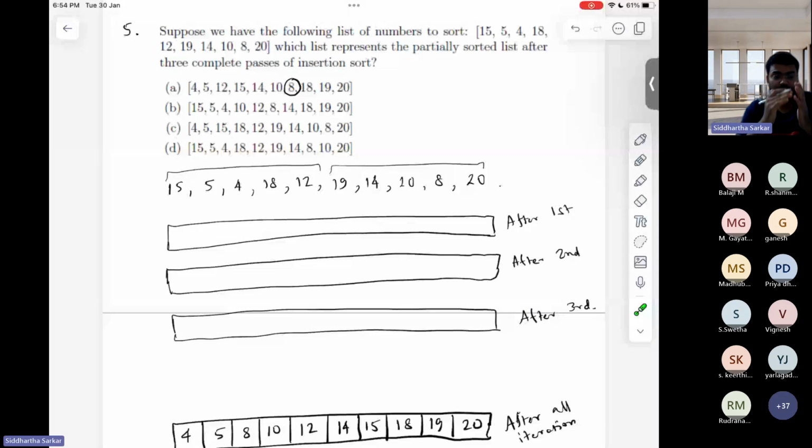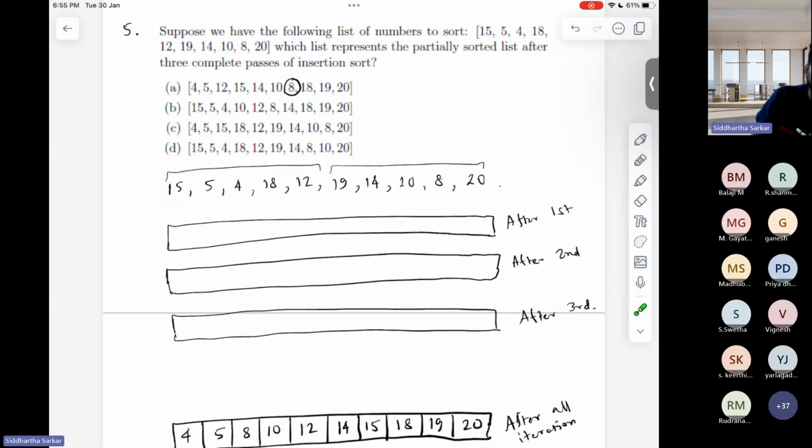After the first iteration, we should have the first two elements of the input in sorted order. To start with, before the first iteration, that means after the 0th iteration, the first element is already in sorted order.